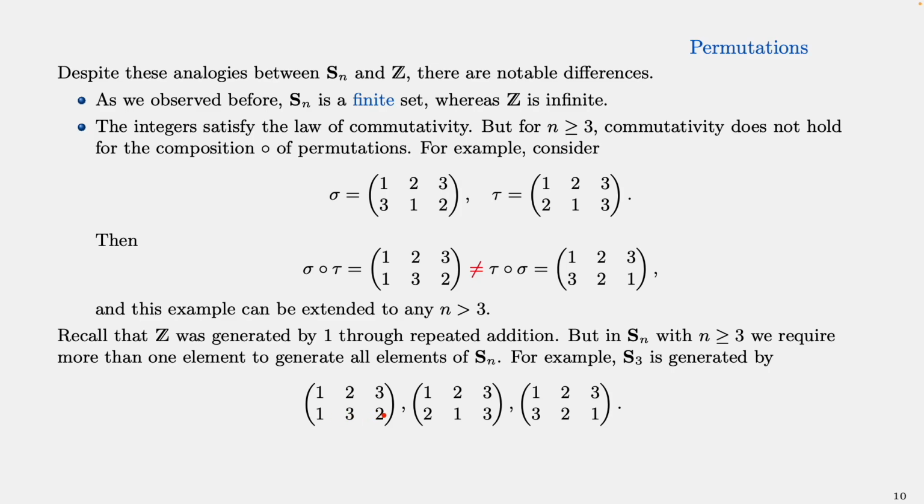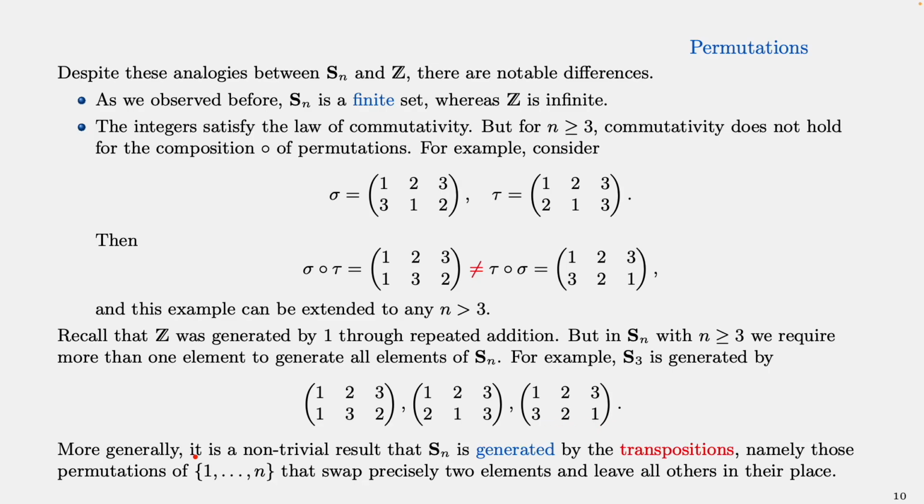The one that swaps 2 and 3, the one that swaps 1 and 2, and the one that swaps 3 and 1. And it's a general but very non-trivial result that the permutations on n elements are generated by the so-called transpositions. So these are those permutations of the numbers 1 to n that swap precisely 2 elements and leave all others in their place.